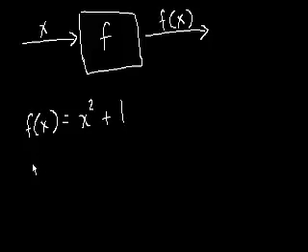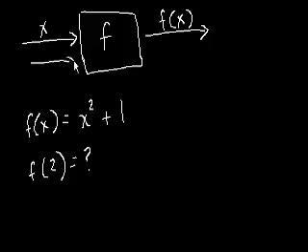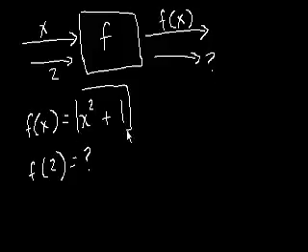Then, what's f of 2? Well, that means we're taking 2 and putting it into the box, and I want to know what comes out. Inside the box, we do this to the input: we take the x, we square it, and we add 1. So f of 2 is 2 squared, which is 4, plus 1, which is equal to 5.